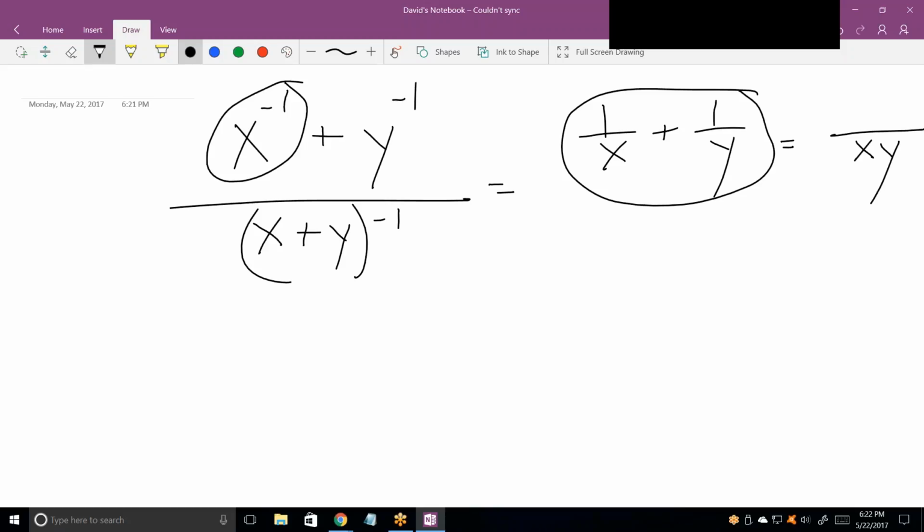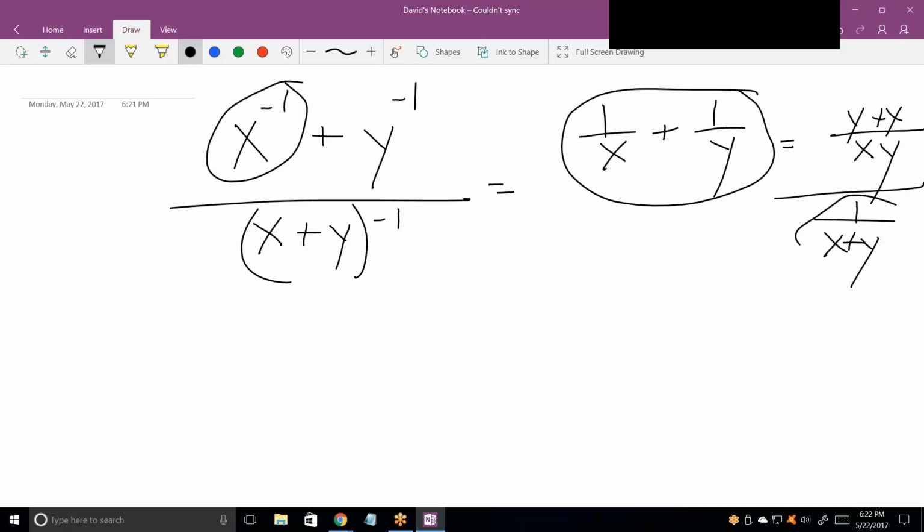That's y plus x over x times y. Okay. So that's our numerator. And then our denominator is what? 1 over x plus y.